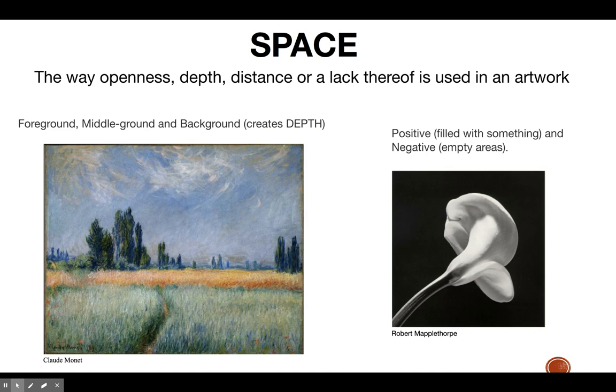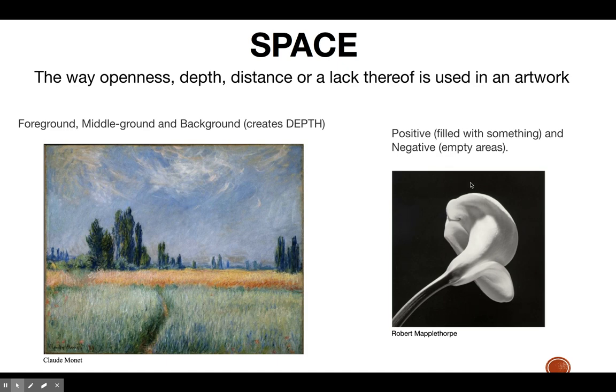Now, another way to think about space is what we call positive and negative space. When we look at this image on the right by Robert Mapplethorpe, we can see that we have a positive space, which is the flower here, surrounded by what we call negative space. Negative space is just an empty area filled with a solid color or space.